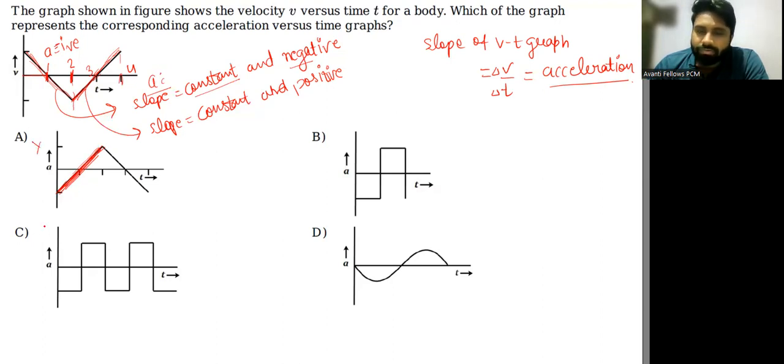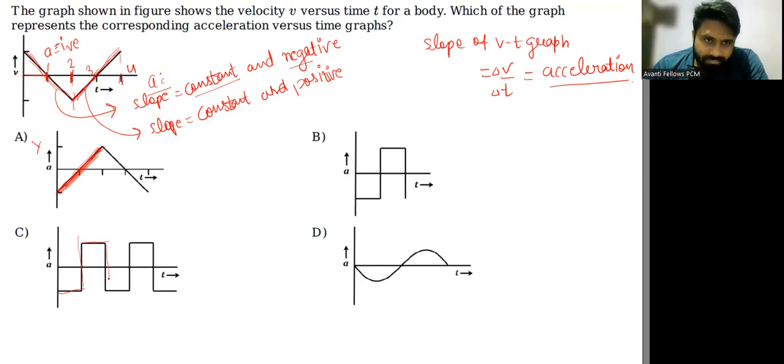So this option will not work. In this option, the acceleration is negative and constant, so it satisfies this condition. Then again it becomes positive for this time period. At point 2, it becomes positive and constant, satisfying the condition.